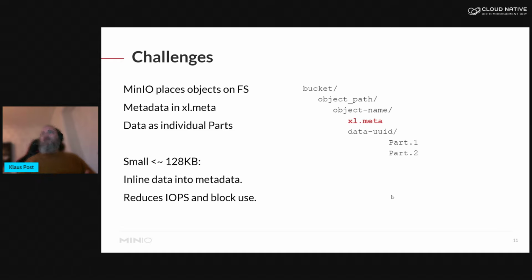So we decided for small objects to simply inline the actual object data into the metadata file, so we're able to basically read metadata and return the data by simply opening one file on disk and reading that back.